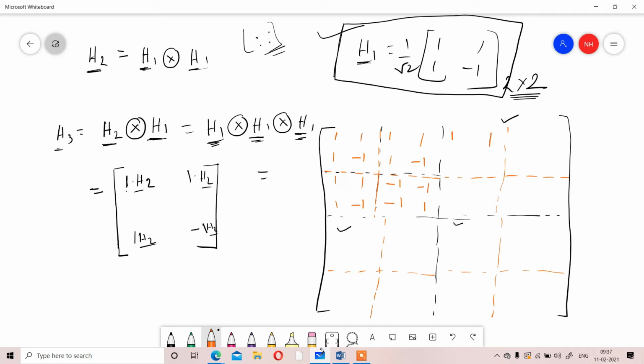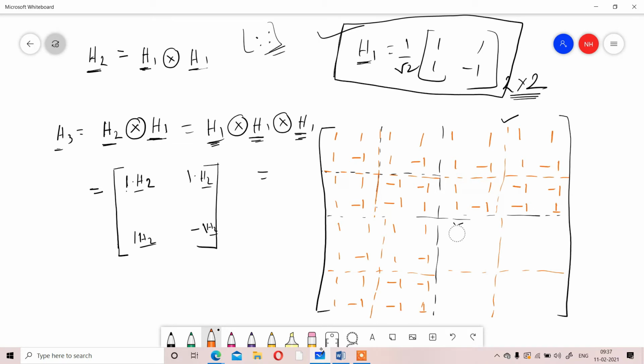So 1 1 1 minus 1, 1 1 1 minus 1, 1 1 1 minus 1, minus 1 minus 1 minus 1 1. That part also 1 1 1 minus 1, 1 1 1 minus 1, 1 1 1 minus 1, minus 1 minus 1 minus 1 1.